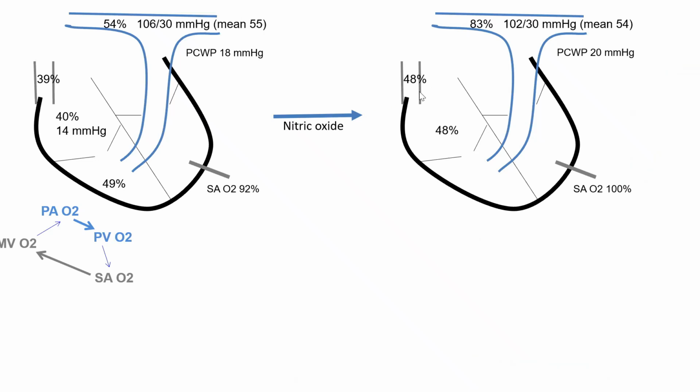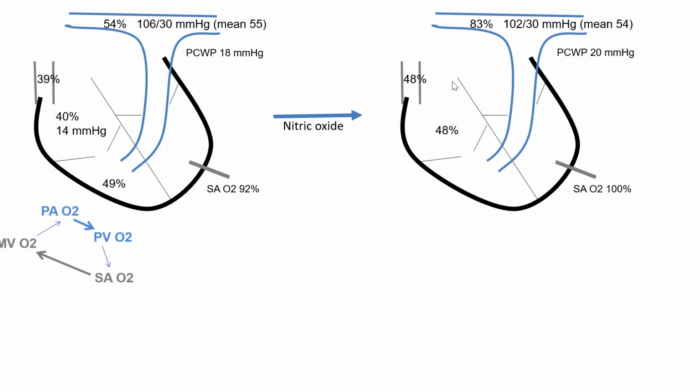Analyze those numbers. One, the mixed venous saturation went up. Your step up went up dramatically. Okay, so it went up from 39 to 48, but more importantly, the PA sat went up dramatically. What does this tell you? What does this suggest?